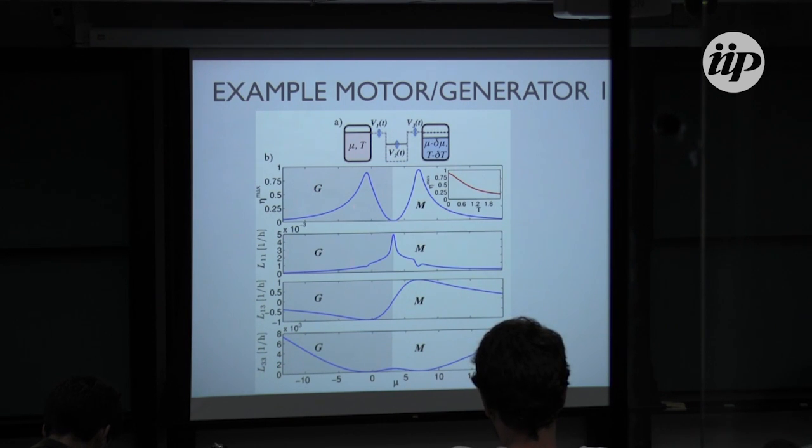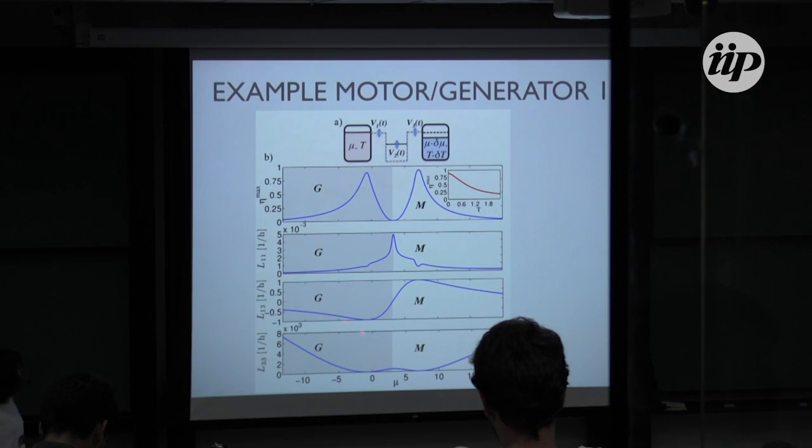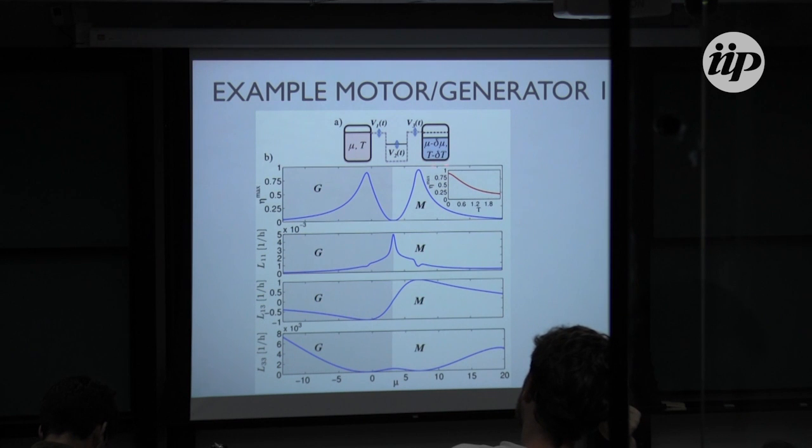In these plots, I'm showing the different transport coefficients as a function of the mean chemical potential of the reservoirs. And we see that depending on the value of the chemical potential, we can have the operational mode of a generator or of the motor.